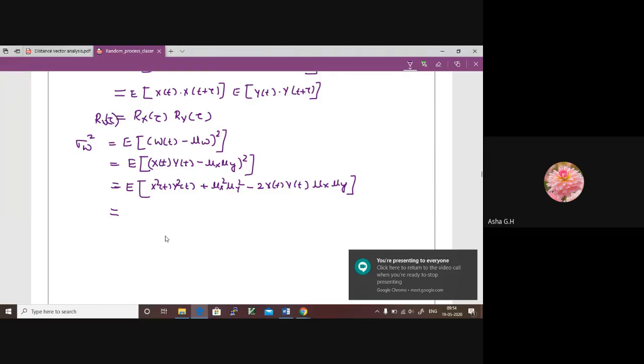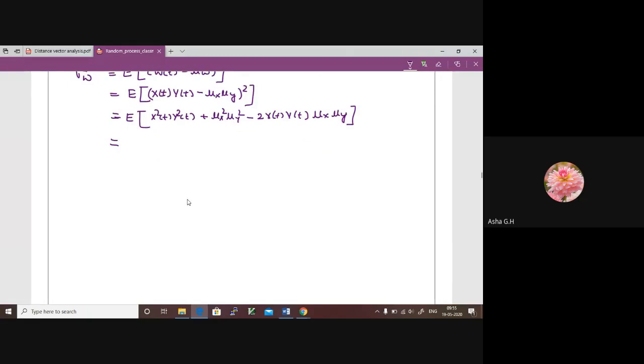You can just post it in the chat box, or you can tell me what is the answer. So if you apply expectation to x square of t, y square of t here, because now we assume this to be wide-sense stationary, the expectation will result in mu x square and mu y square. Minus 2 mu x mu y, and you can write it as expectation of x of t into y of t.